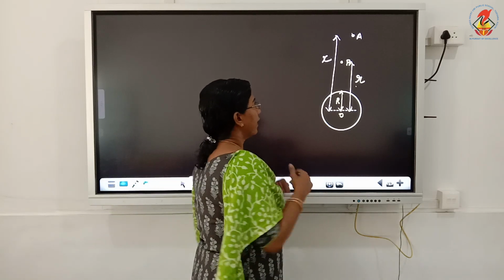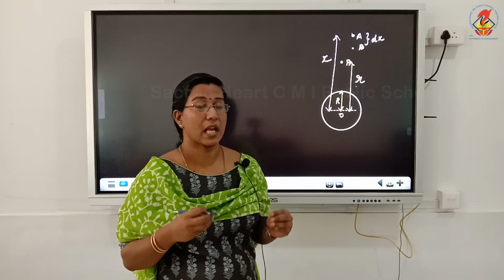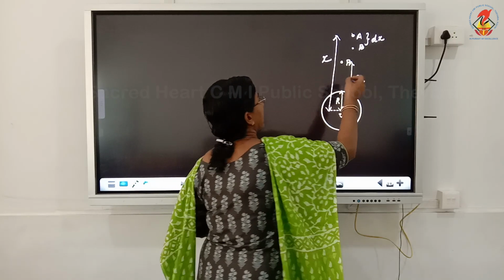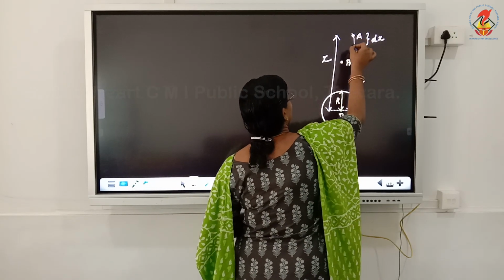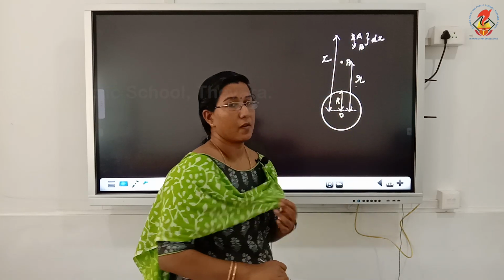From point A to a point B, which is at a distance dx from A, I am going to move the object, which means I am going to do some work. I am going to find out the amount of work done in displacing the object from point A to point B. So I get a small amount of work done. But what is my aim?